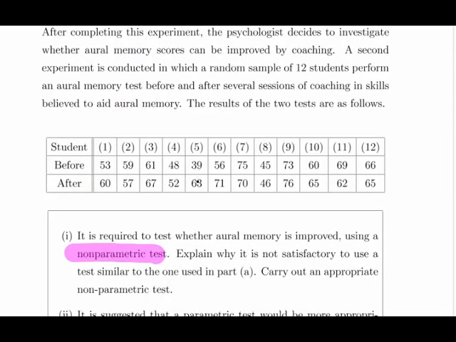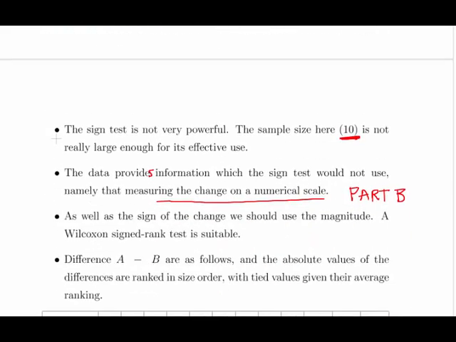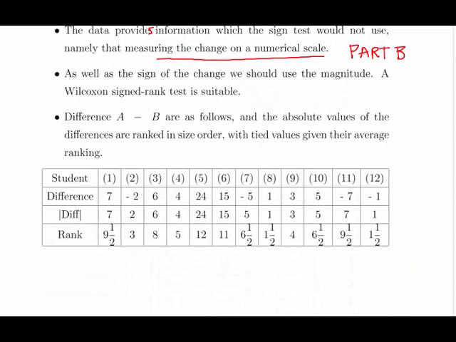So 39 to 63, that's a difference of 24. This is a difference of plus 5, minus 1. These are important pieces of information that the sign test doesn't use, but we try to use a test that is as powerful and uses as much of the information as possible.